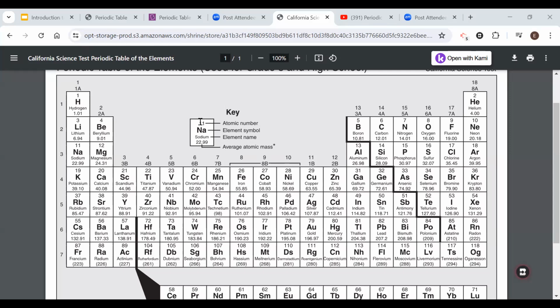This is the atomic number, this is the symbol, this is the name of the element, and this is the average atomic mass. Again, elements are arranged in the order of atomic number. I just want to review this before we get into other things.